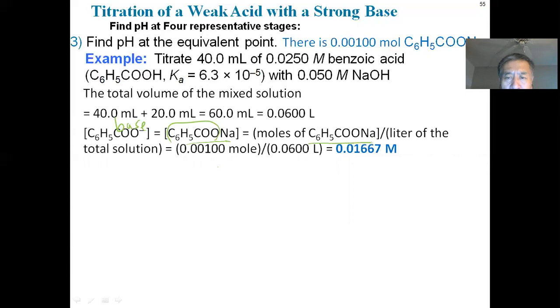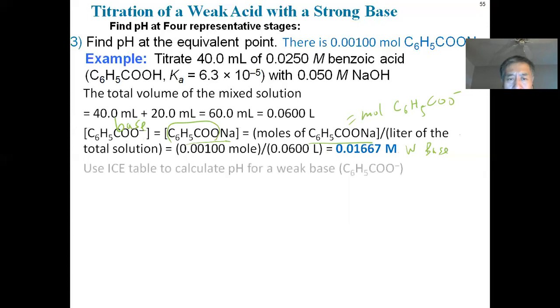So therefore the moles of this equals the moles of C6H5COO negative, which is really what matters, and this is our weak base. So now we find out our weak base concentration. Yes, our weak base concentration is this molarity.